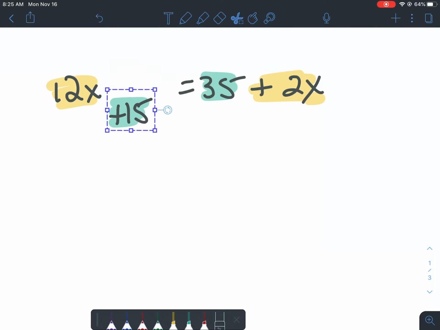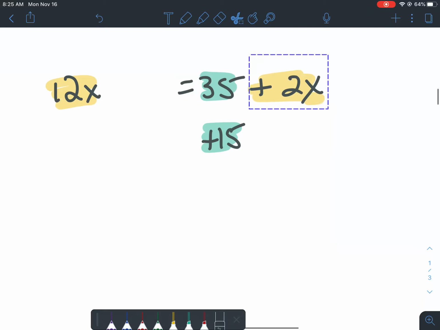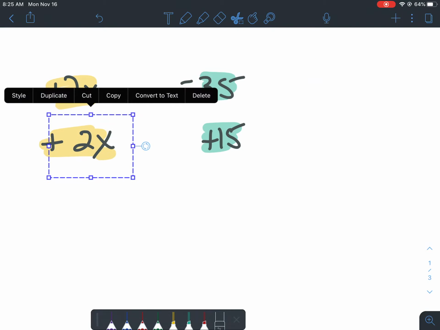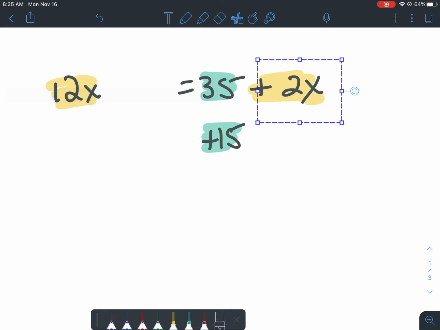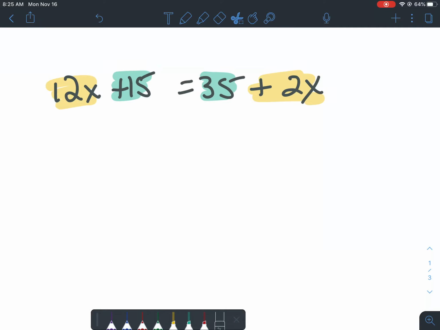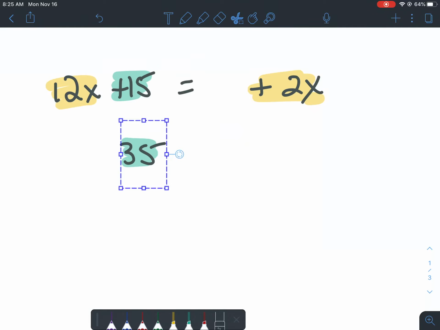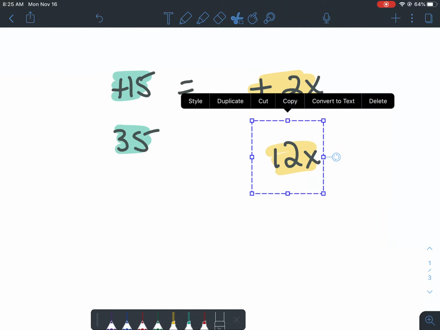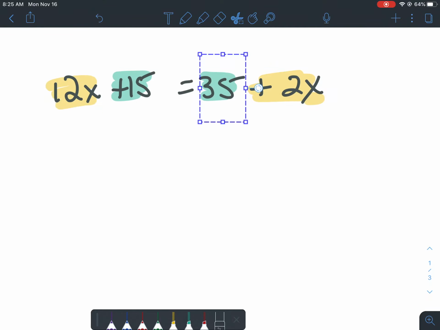We want to get this over here, and then this over here, right? To move things like that on either side, we need to use addition or subtraction. That's really what's happening. And if you decided to move the 35, you would subtract it. And if I move the constants to the left, that means my variables would go to the right. Okay? So you're pretty much doing the opposite when you have a setup like this.